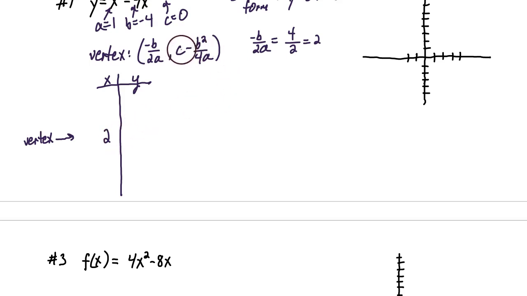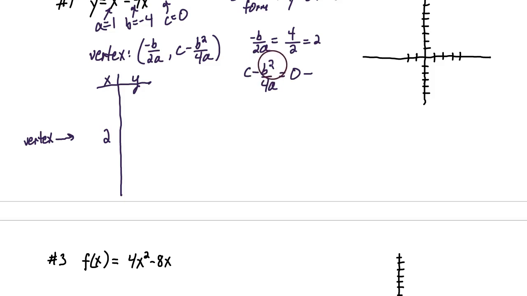The x-coordinate of the vertex is 2. Now let's use this c minus b squared over 4a formula to get the y-coordinate of the vertex. c is 0. b is negative 4.